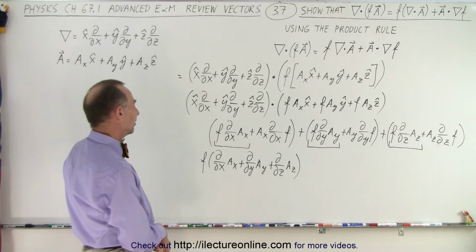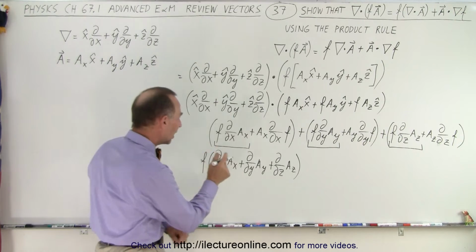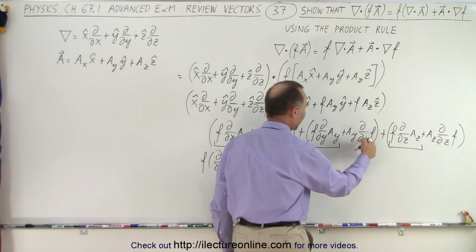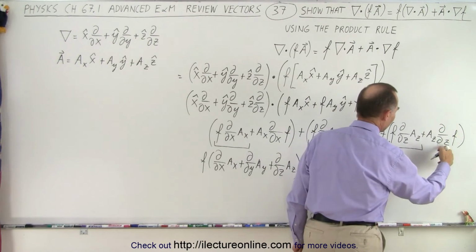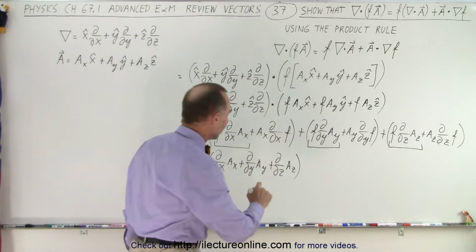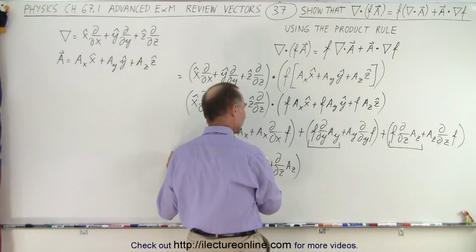What do I have left? I have the other three terms left. And notice in each case, I have the partial with respect to x of f, the partial with respect to y of f, and the partial with respect to z of f. Well, let's write those out and see what we get. So that would be, factor that out.